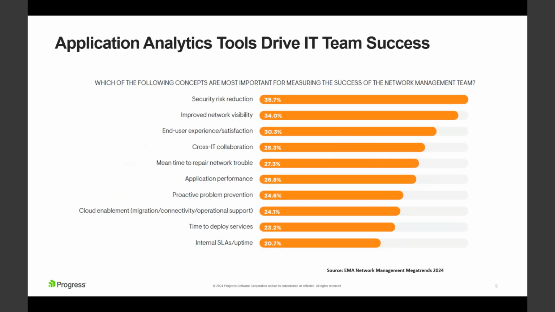So how do we ensure you're providing the best possible application experience? How do you ensure that you're providing high performance or high application availability, even when there are so many different components to manage? Now, this is where application analytics comes into the picture.